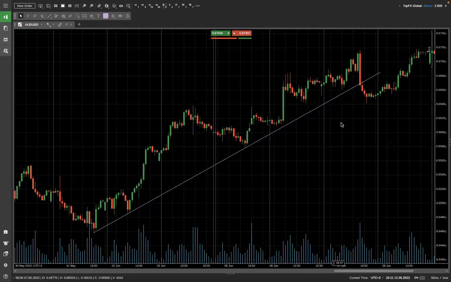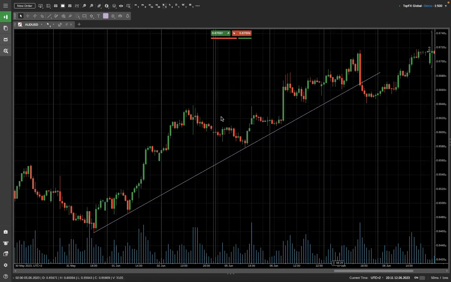This is our trend line on the hourly time frame chart. As you can see, trend lines are relatively easy to use. There is not a problem to apply the trend line to the chart.